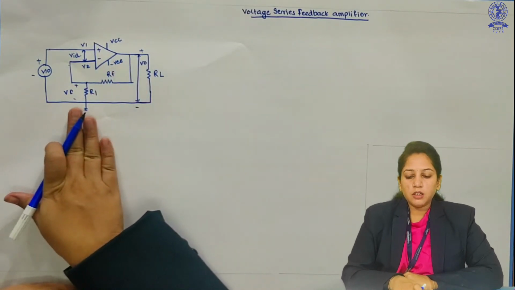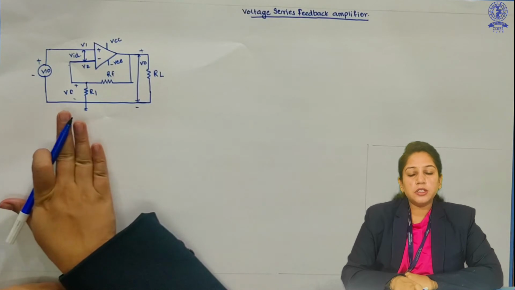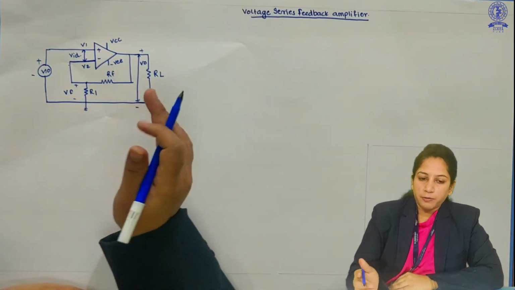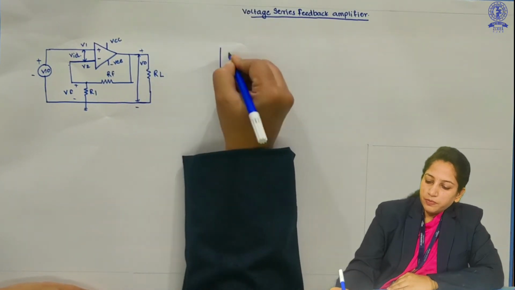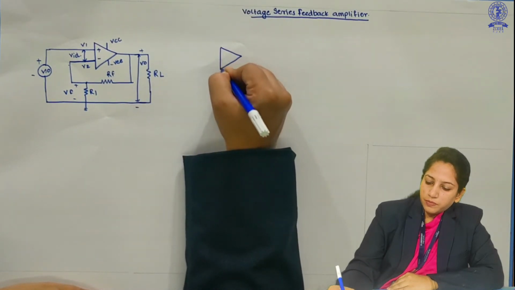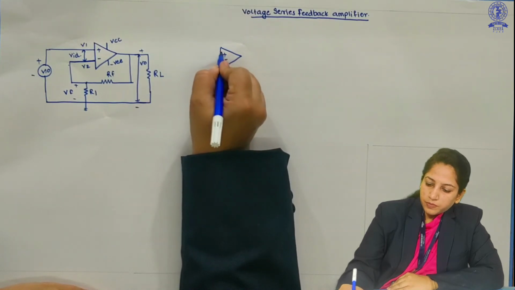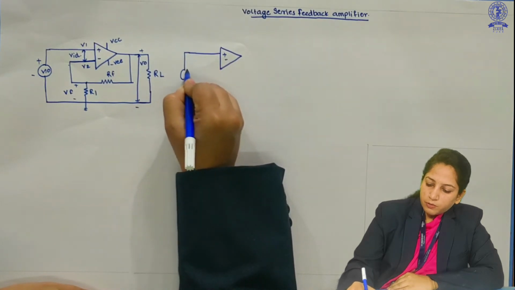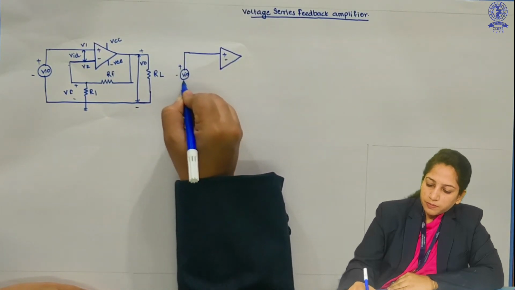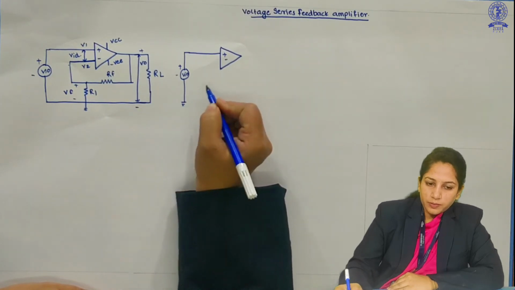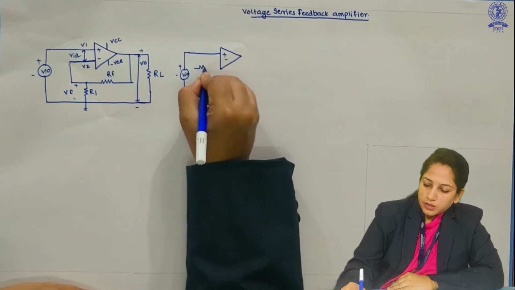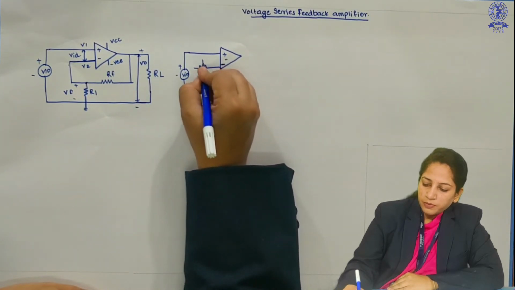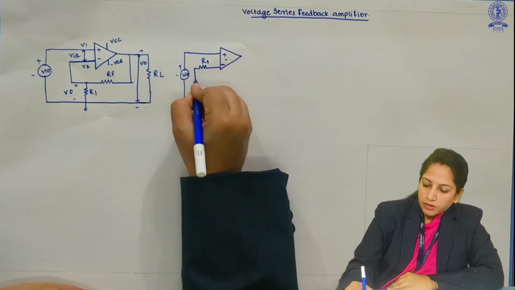Suppose this is the circuit for the voltage series feedback amplifier, and if I redraw this circuit in a simplified way, so as here I provide V in voltage to the non-inverting terminal, here will be ground, and here will be R1 resistance.